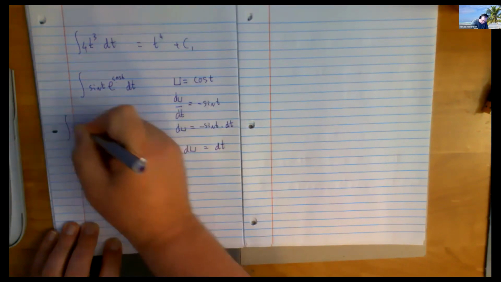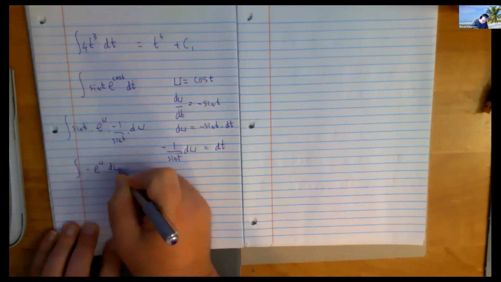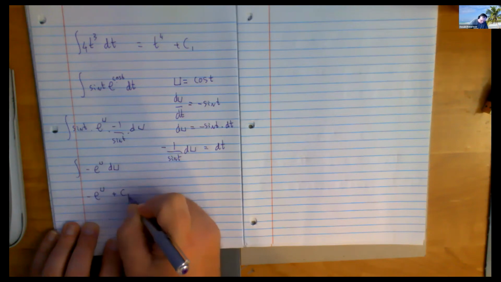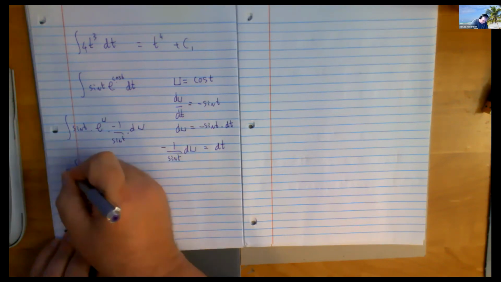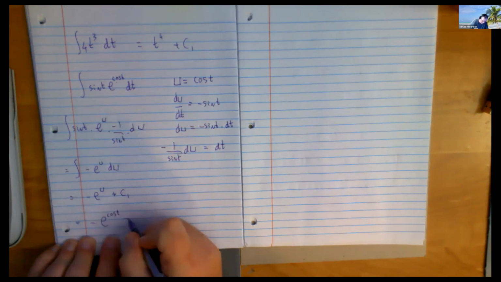I can then cancel these out, and it ends up being that fella, which integrates to give you that fella. Of course, that's not the final answer, and don't you have to remember to return back to the t's? And that would be a pretty standard example of a U sub.